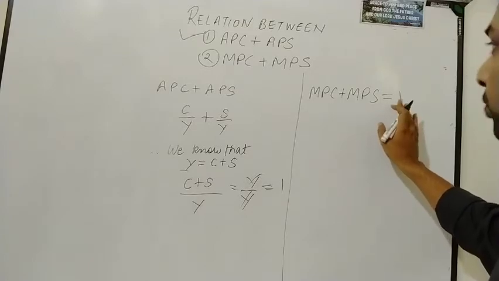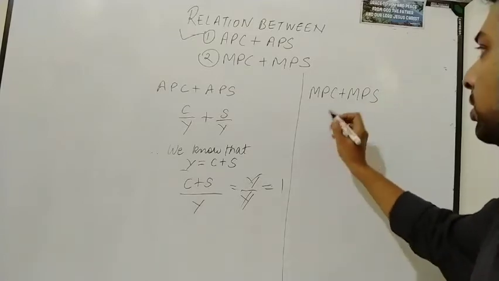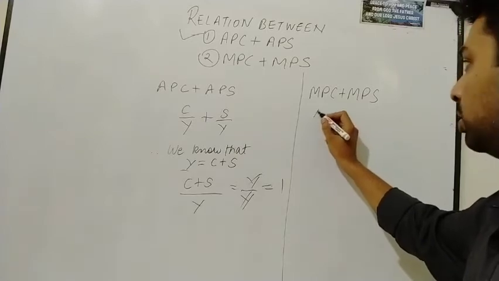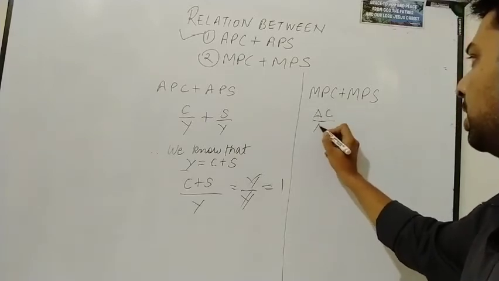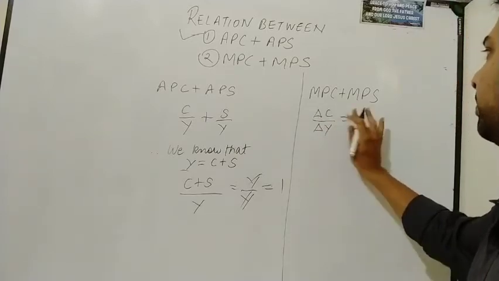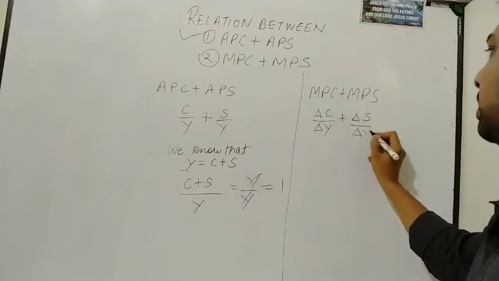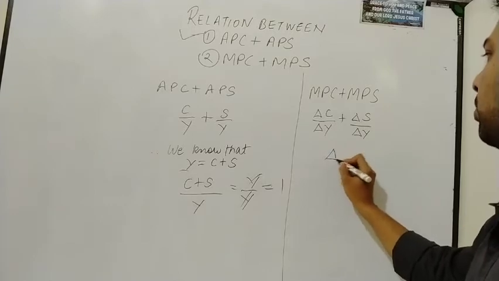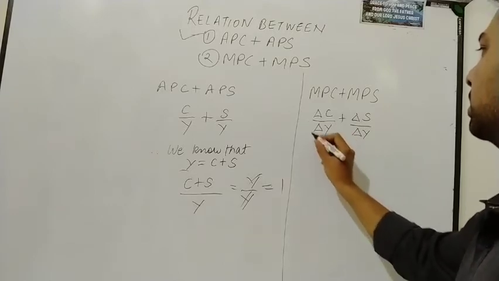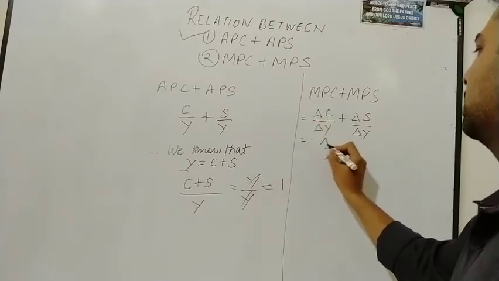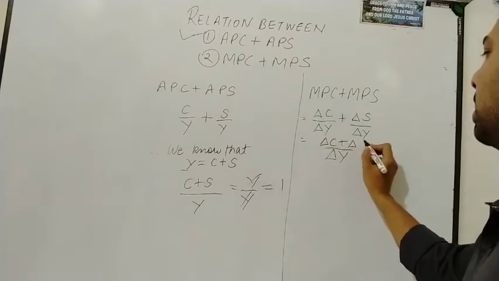Let us try to solve this. The MPC formula is change in C, or delta C upon delta Y, plus delta S upon delta Y. Take the LCM, it will be delta Y, and at the top it will be delta C plus delta S.